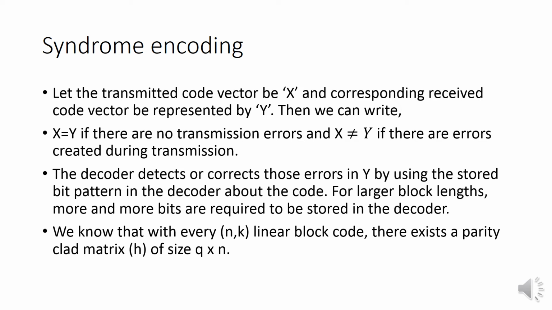We know that for every (n,k) linear block code there exists a parity check matrix H of size q cross n. So H is equal to P transpose followed by I_q, of size q cross n.